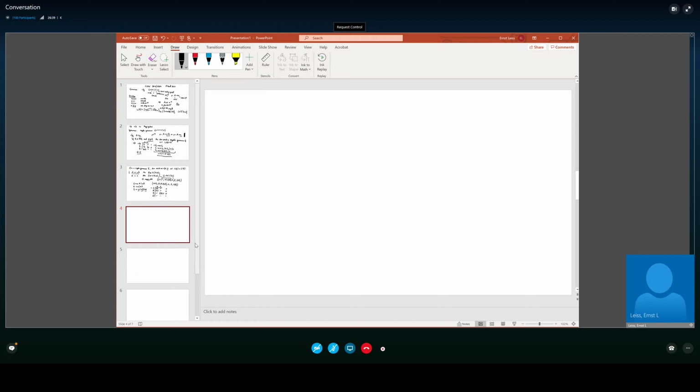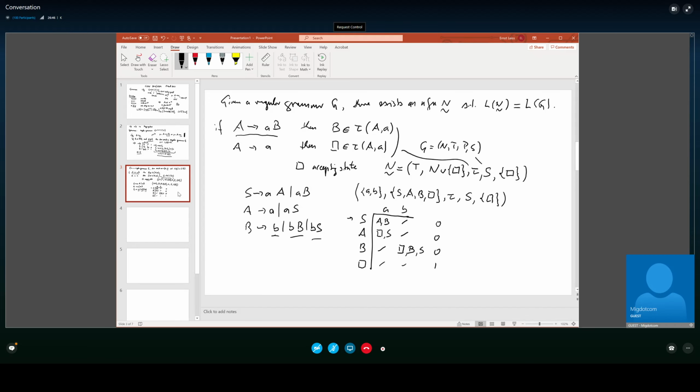Professor, on the previous slide, I just want to get a little bit of clarification. On top it says such that the language of the NFA is equal to the language of the grammar, correct? Right. The language accepted by the NFA that we're constructing is equal to the language generated by the grammar.